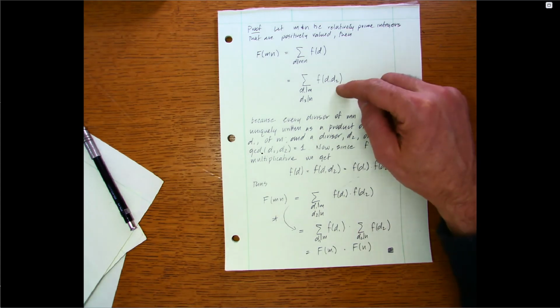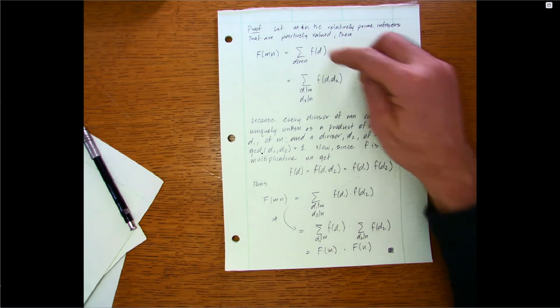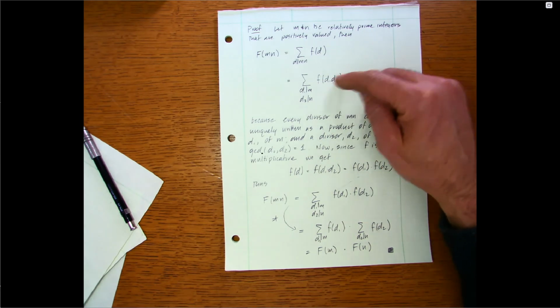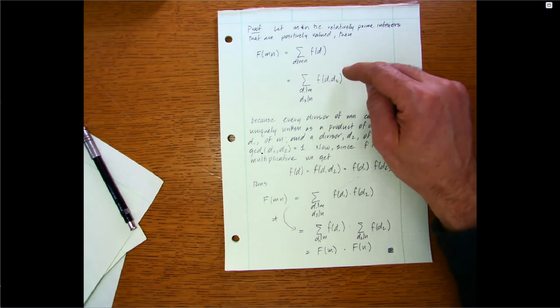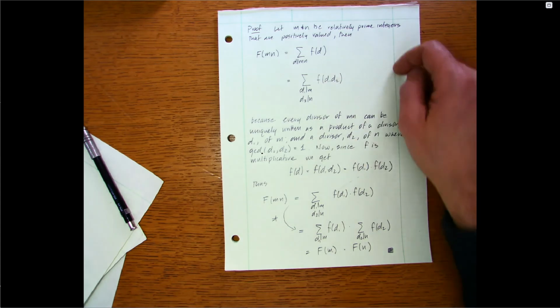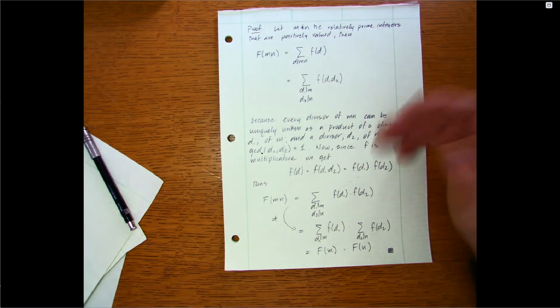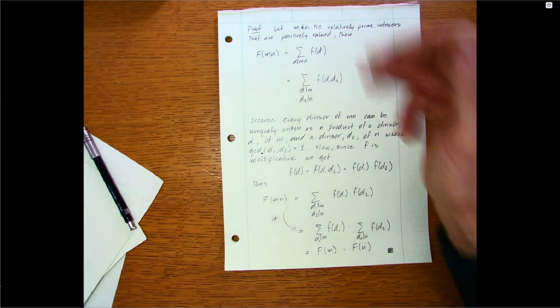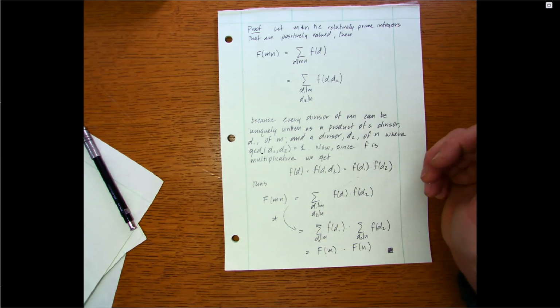So we get to this spot where we use the result from our previous lemma to say that the function evaluated at d could be seen as the function evaluated for every d1 that divides m and every d2 that divides n. And of course, d1 and d2 have to be relatively prime since they're divisors of two numbers that are relatively prime.